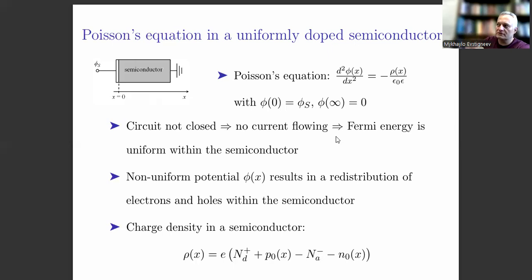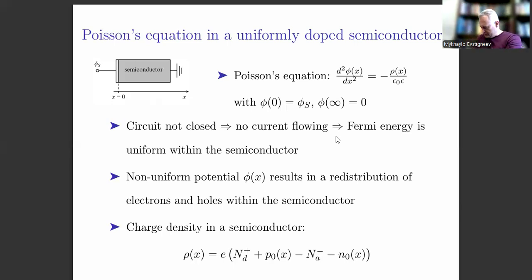The charges just redistribute themselves in space, until this redistribution of charges results in vanishing of the electric field inside the semiconductor. And once the electric field inside the semiconductor is 0, the redistribution of the charges stops. Okay, and this is the situation in which we are interested.